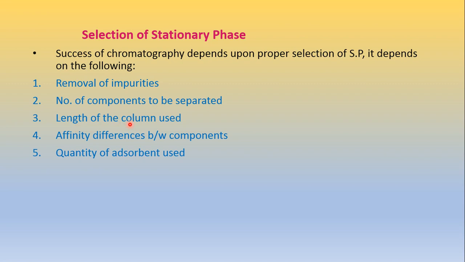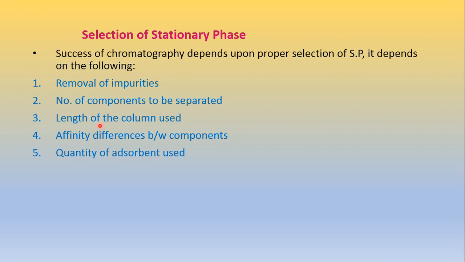Also another key factor is if our sample components have low retention time inside the column, it is possible that many components may elute very fast and come out from the column at the same time.